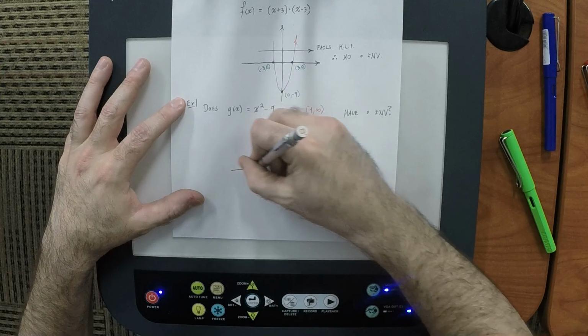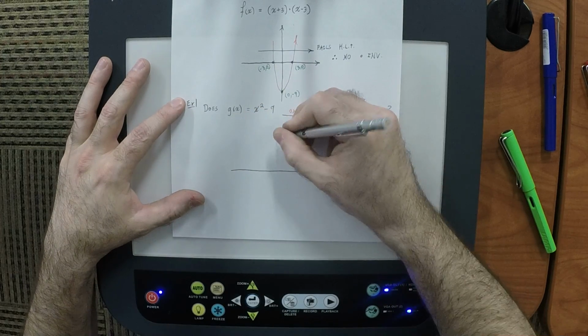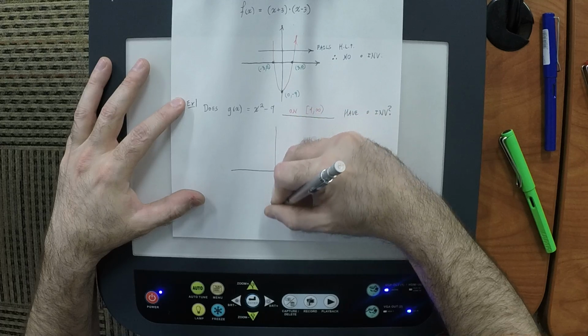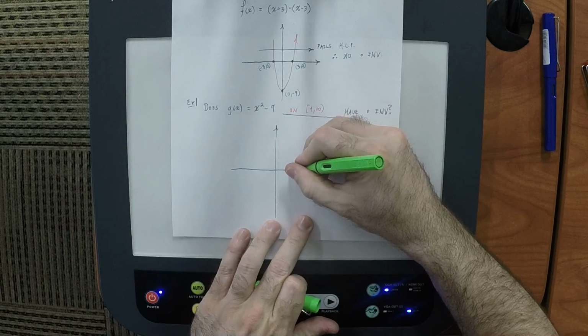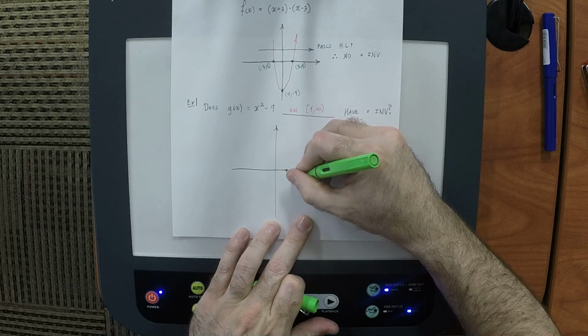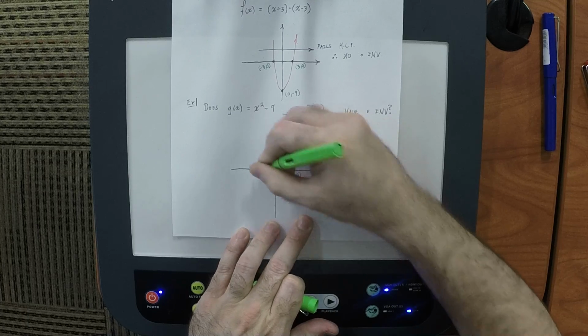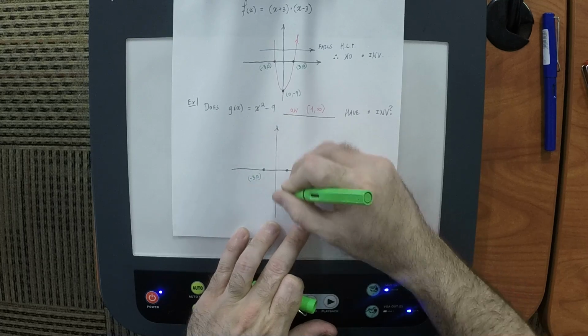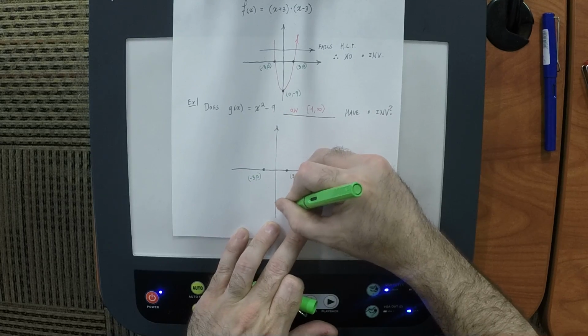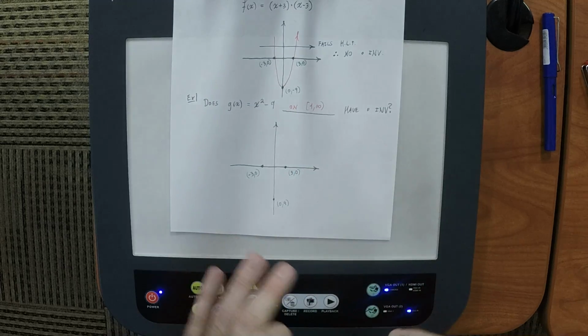So if we plot g, the strategy I'll take for sketching g is I'll sketch f. So this would be 3, 0, -3, 0, and 0, -9. And I'll just give a dashed line.